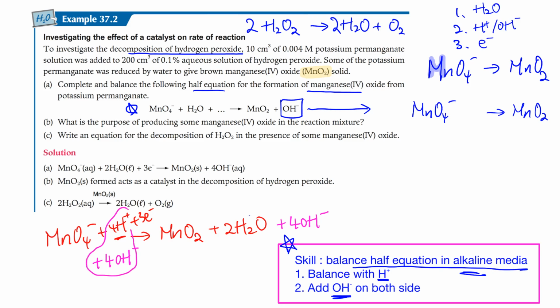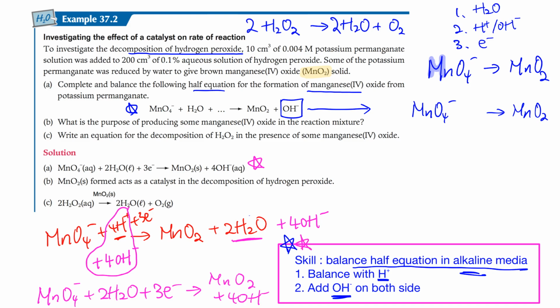This will become 4 water, as I have 2 water on the right hand side. So eventually you'll find that they can eliminate, having 2 H2O, 3 electrons, and then MnO2 plus 4 OH minus. So this is exactly the same as the answer. This is the skill to balance a half equation in alkaline media: do acid first and then add OH minus on both sides.